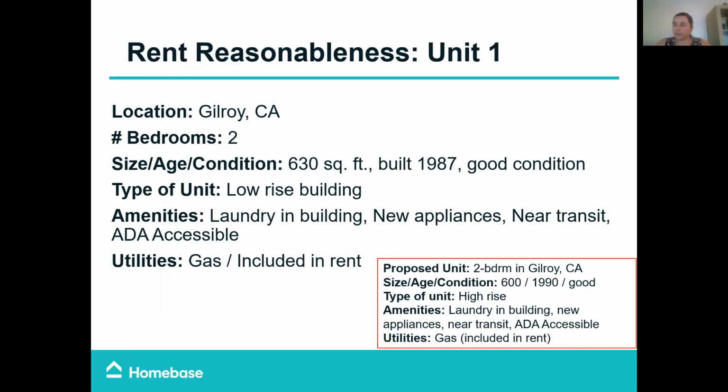So we're looking at things like number of bedrooms, location, square footage, age, condition, amenities, and utilities. And I'm seeing some responses come in. I'll give us another couple seconds to see if we can get up to 50%.